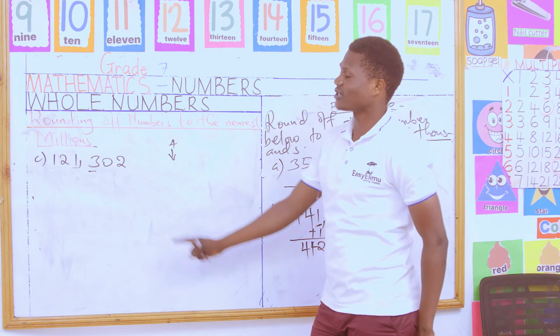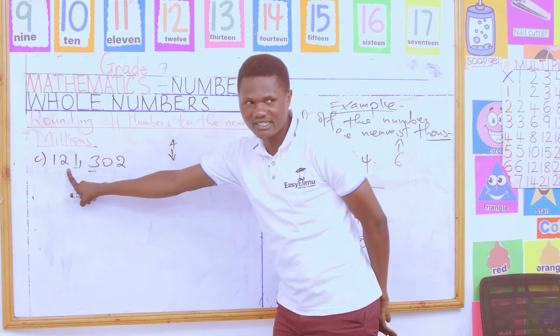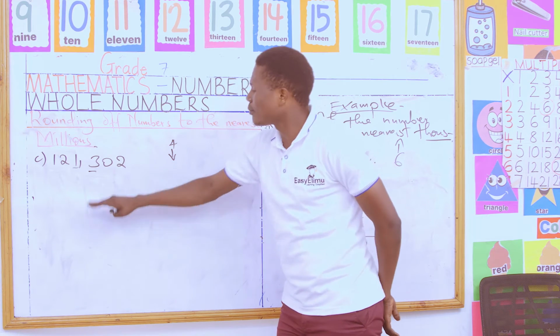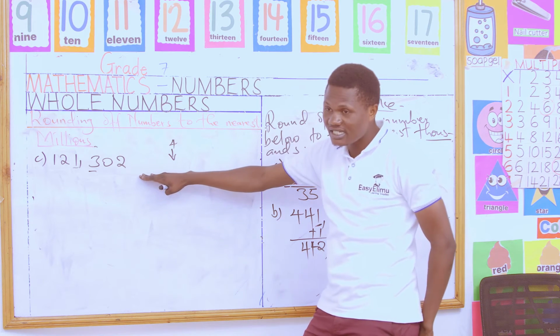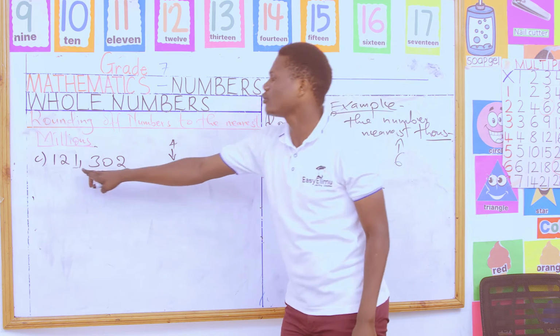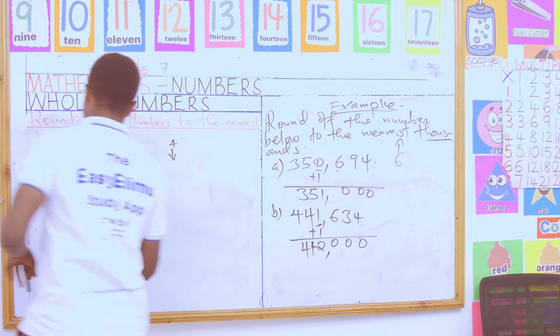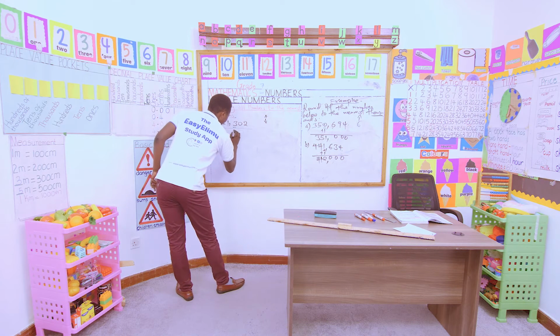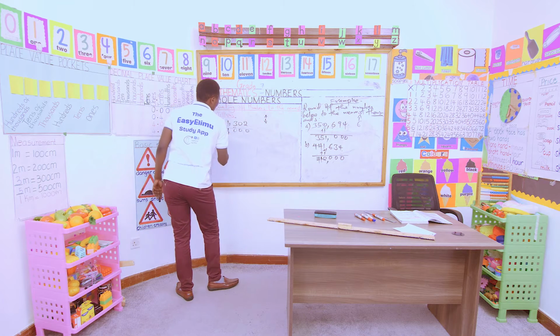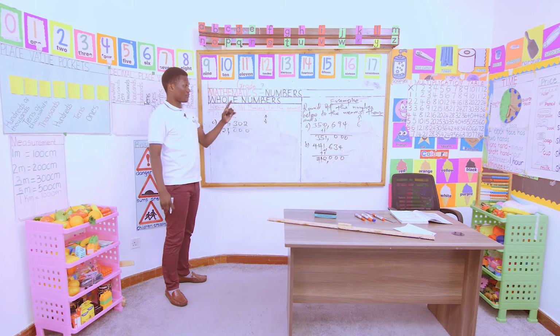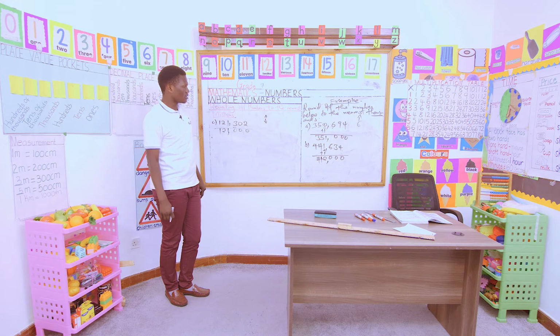In other words, it cannot affect the next digit. So we round down by replacing these other digits by 0, and we retain the next digit the way it is. So here we shall have the last 3 digits being replaced by 0. Then we have 1, 2, 1. So this is 121,000. Are we together, class?